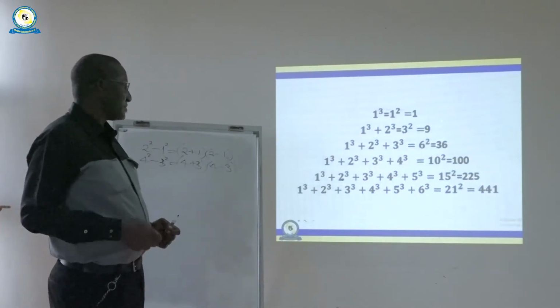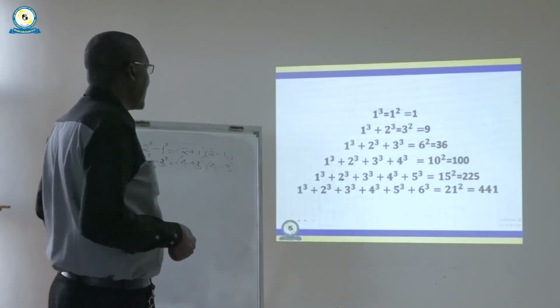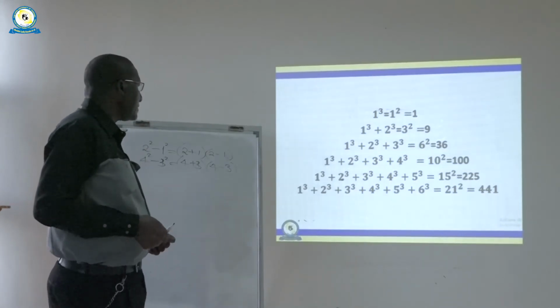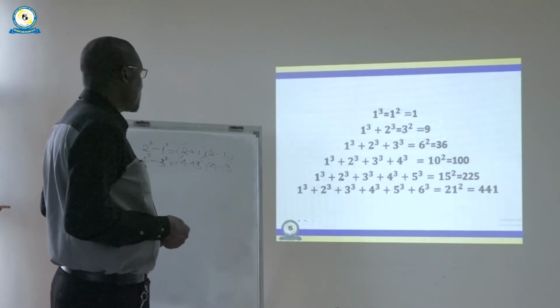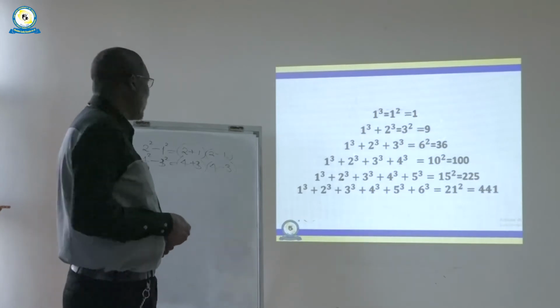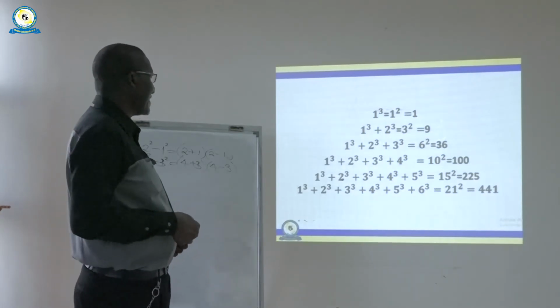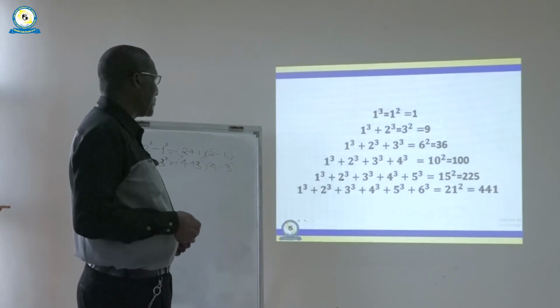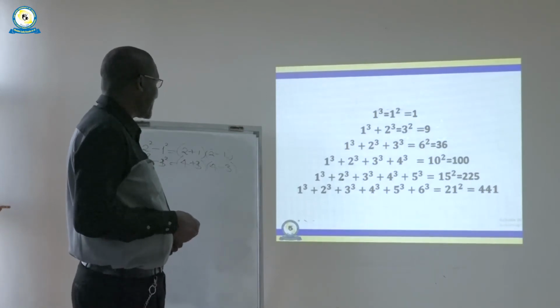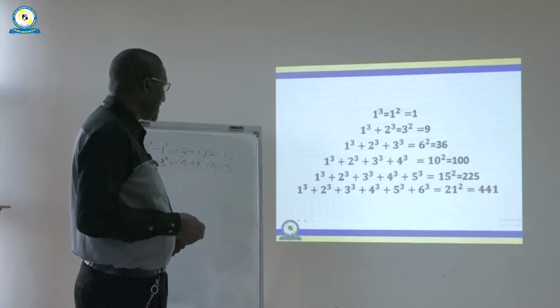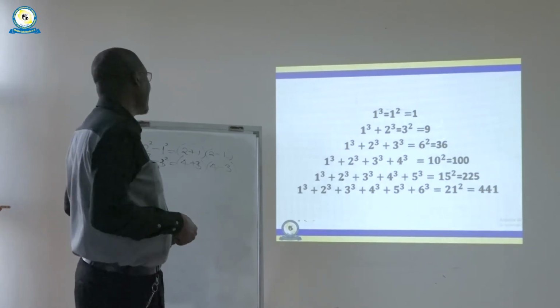Similarly, for power 3, you may find another pattern. 1 cubed equals 1, which equals 1 squared. If you take 1 cubed plus 2 cubed, you get 9, which equals 3 squared. 1 cubed plus 2 cubed plus 3 cubed gives 36, which equals 6 squared.